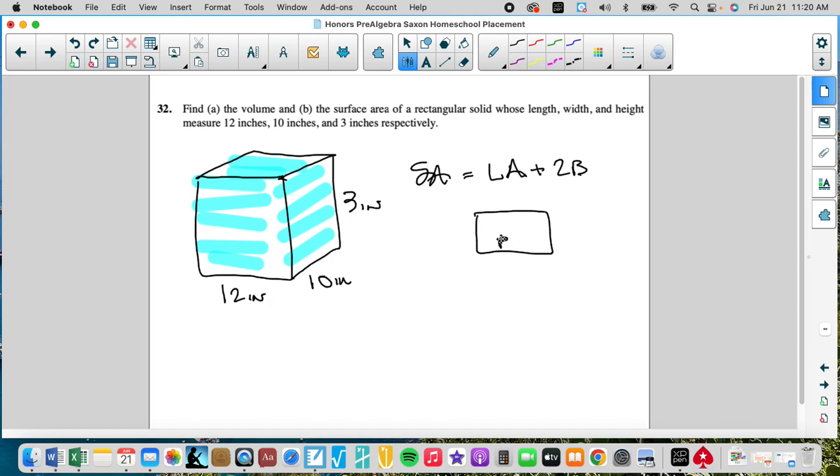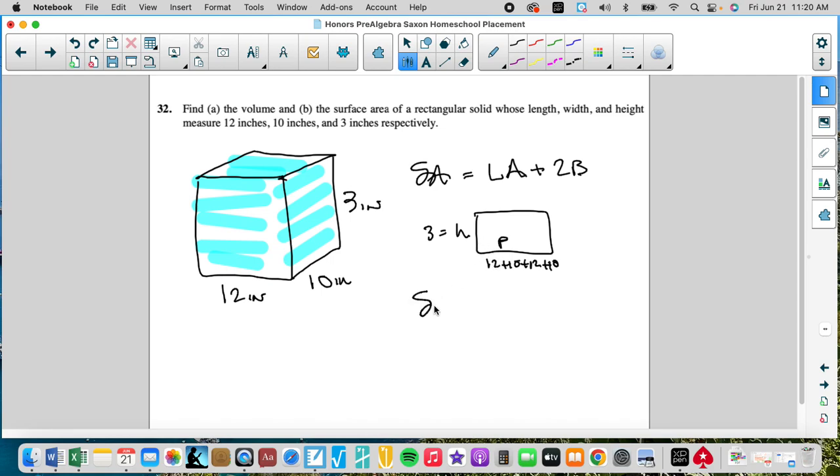So it's the perimeter, not circumference, because it's not circular. So the perimeter is 12 plus 10 plus 12 plus 10 times the height, which is 3. So that's going to be 24 plus 20, which is 44 times 3.